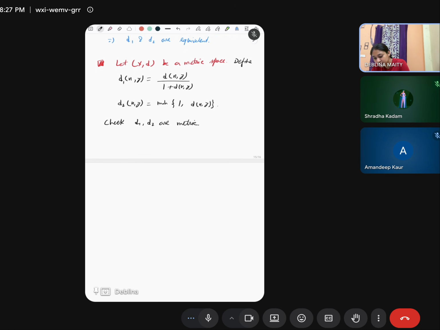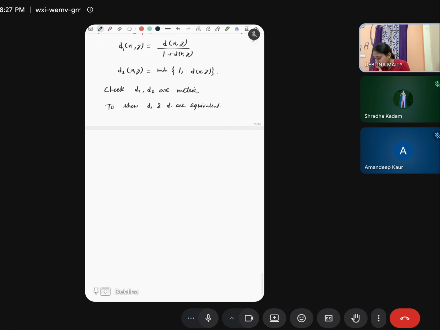So first we will show d1 and d are equivalent, then we will show that d2 and d are equivalent. So this means d1, d and d2 all are equivalent. Okay, so take this function f(x) equals x by 1 plus x, which is defined from (-1, infinity) to R. Okay, so this f is strictly increasing.